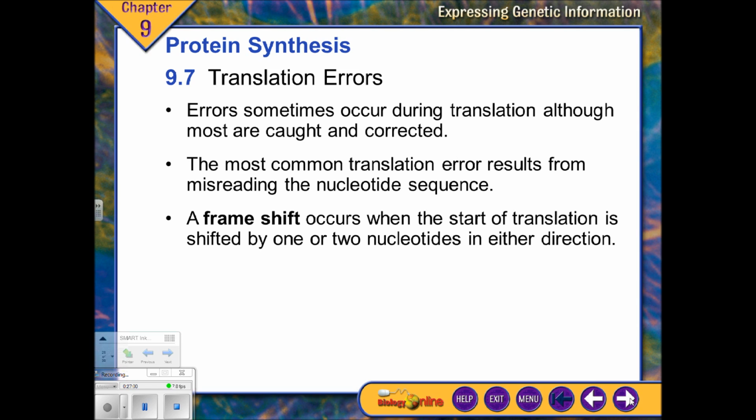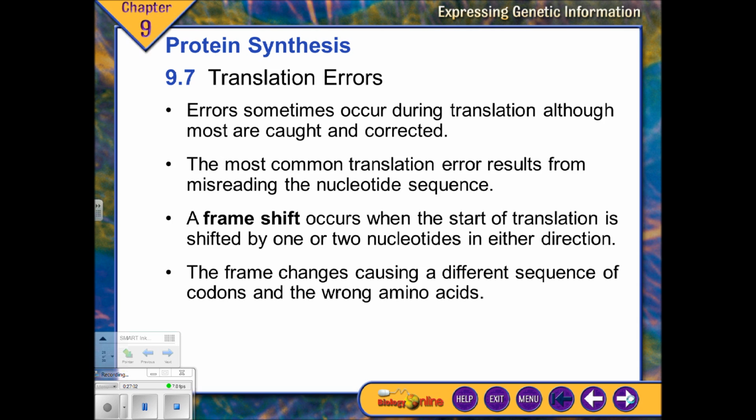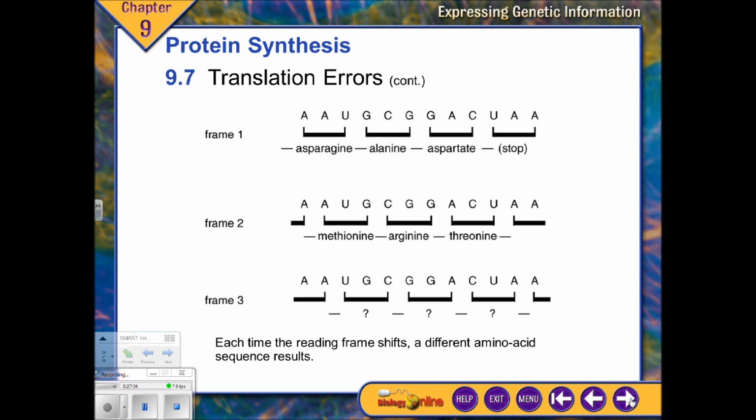A frame shift is one of the worst because it messes up the whole sentence. So eyes up here, you guys check it out. We have AAU being the codon. Here's the amino acid it codes for. You shift one frame. Then all the three codons are read incorrectly and you're building something that's not going to work. It's not anything.